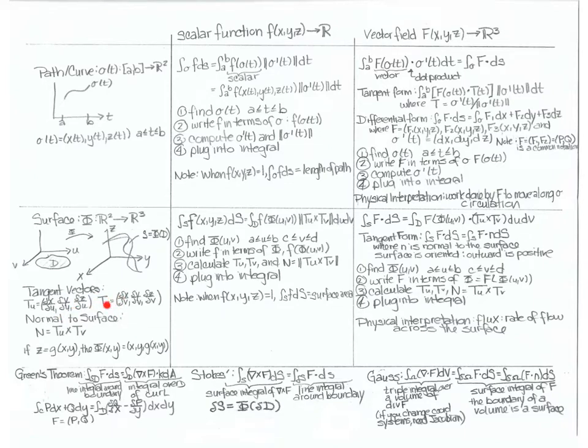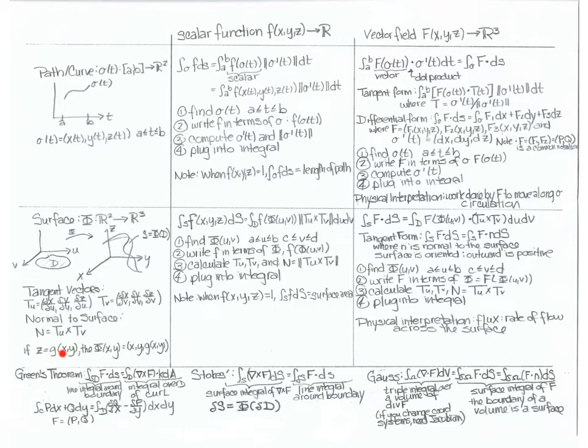Similarly, you could take a tangent in the v direction. So holding v constant, you can find the tangent vector. Then because we have two tangent vectors on our surface, we can calculate the normal by crossing the two tangent vectors.